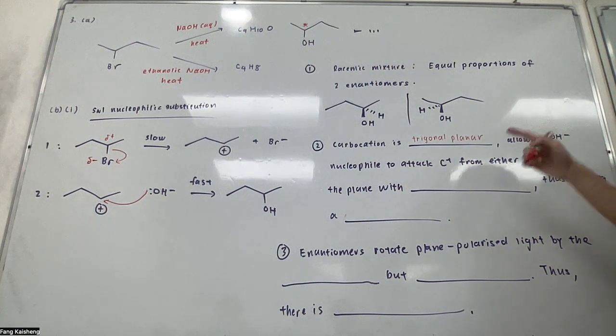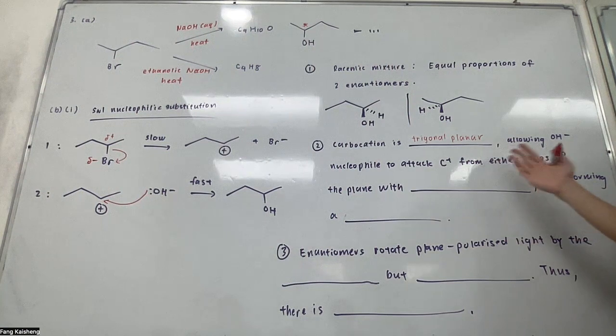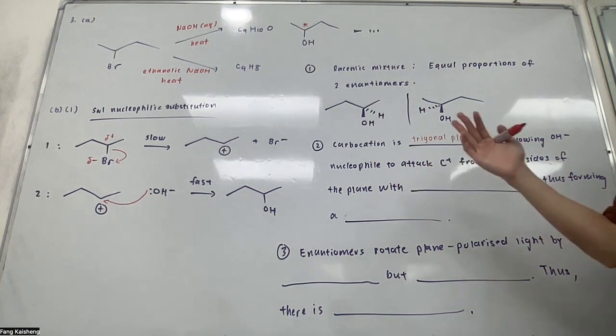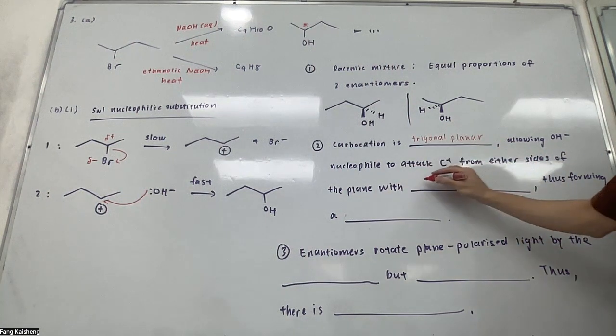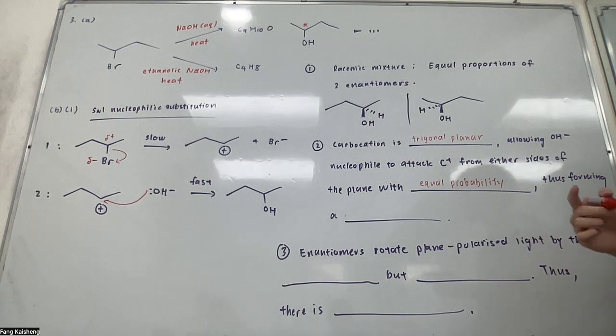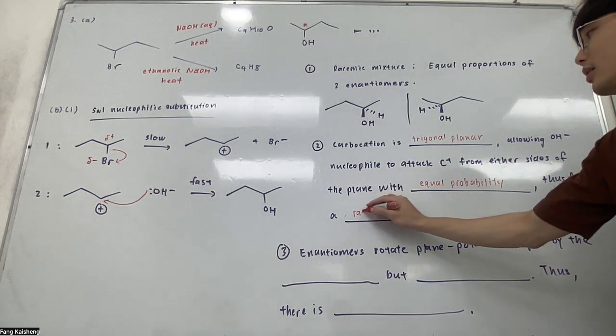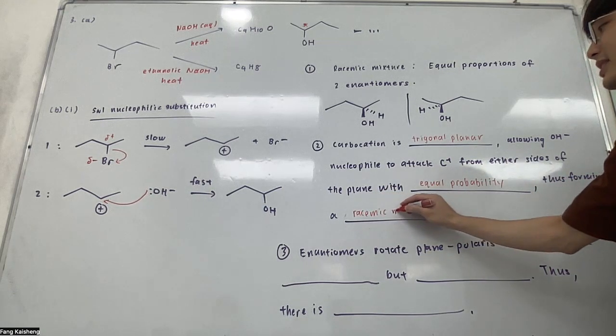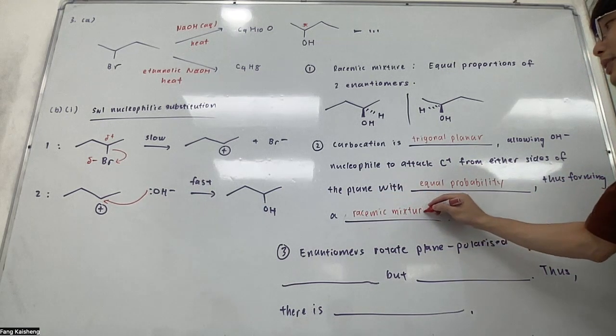That's why it allows the OH minus nucleophile to attack it from both sides of the plane with what? Equal probability. Yes. And that's why you form a racemic mixture. It's the same template answer we've been doing since alkenes.